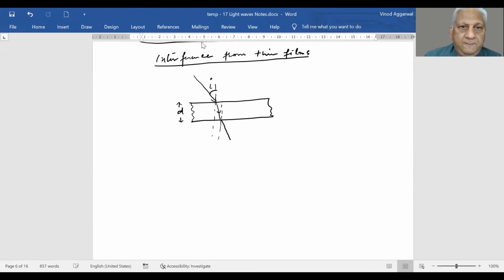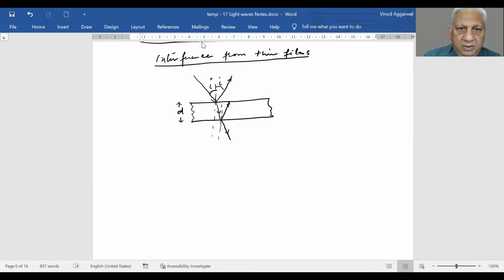But we have seen it is not necessary that all the light will get transmitted, get refracted. Some of it will get reflected also at the same angle. Right? Now, this ray which was refracted may not be fully going to another media. Some of it may reflect back.